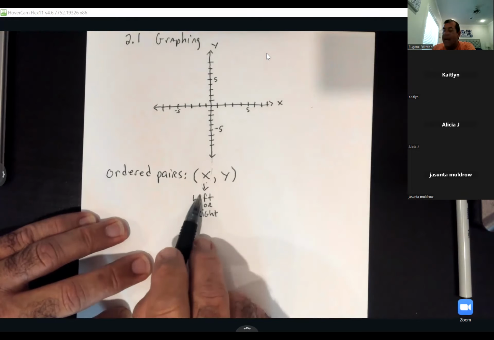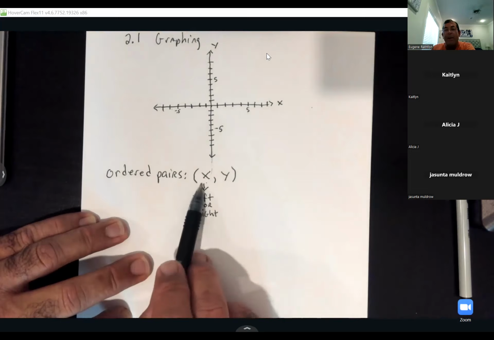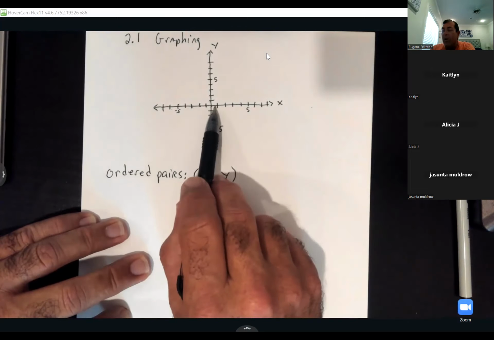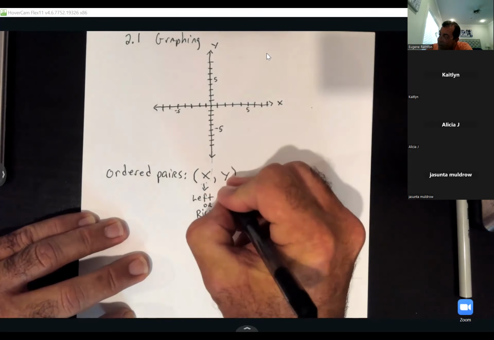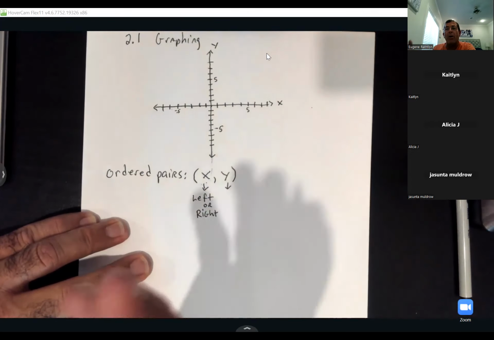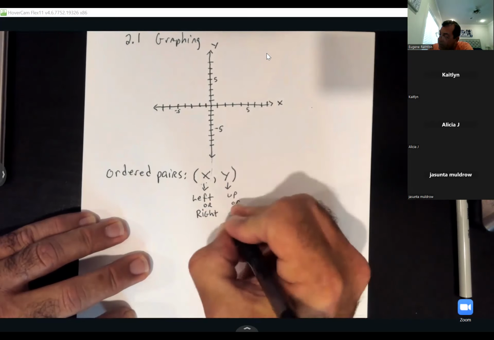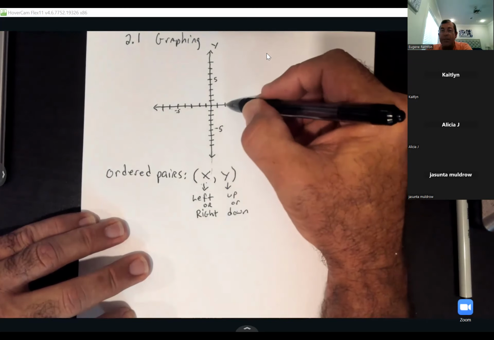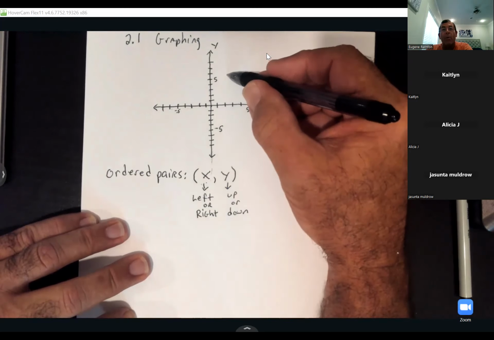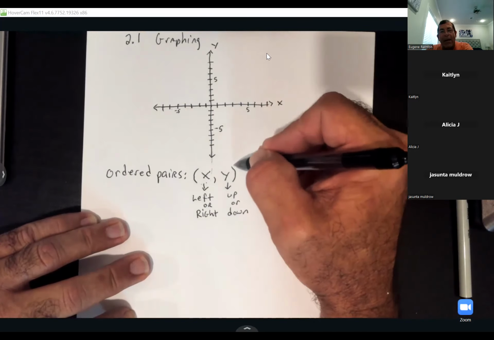So if my X is negative, I'm going to go left on the X-axis. If my X value is positive, I'm going to go right on the X-axis. Now my Y value tells me how far I'm going to go up or down. So the Y value, if it's positive, I'm going to go uphill or up. And if it's negative, I'm going to come down.